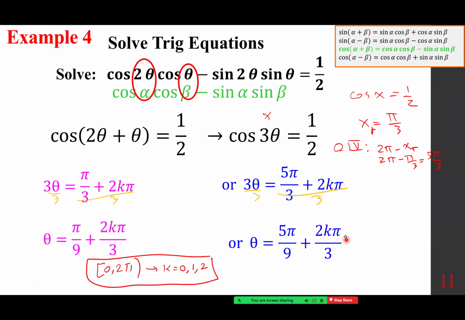You get a total of 6 answers, okay? So this has 2 answers. If it's double angle, it has 4 answers. If it's triple, it has 6 answers. That's how it works, everybody.